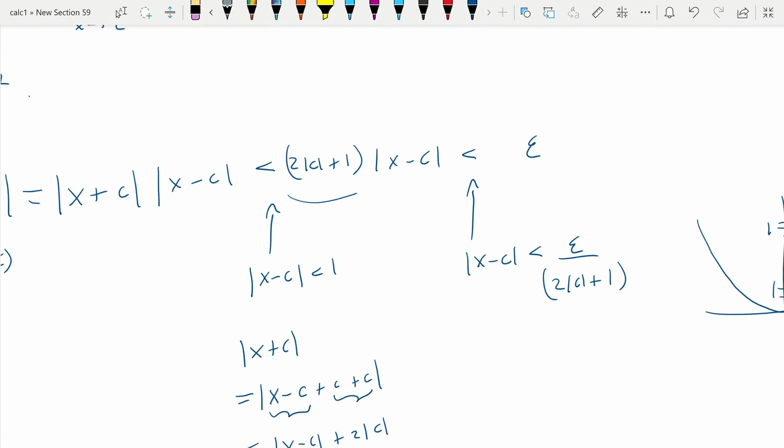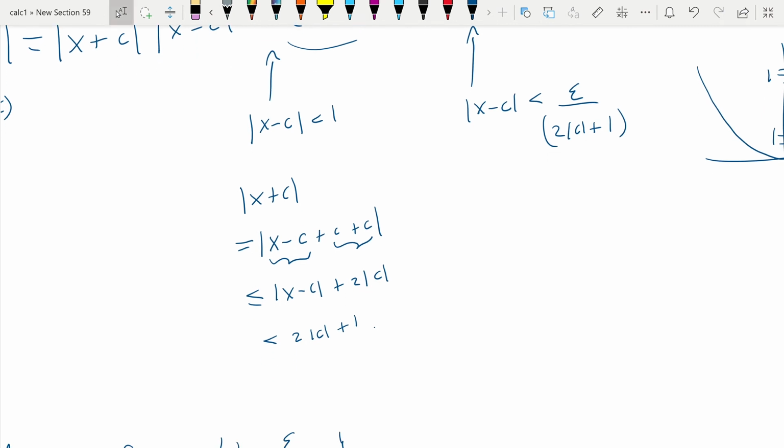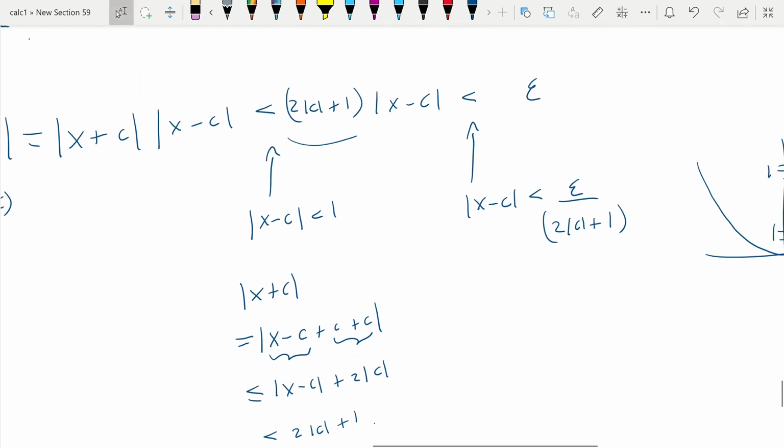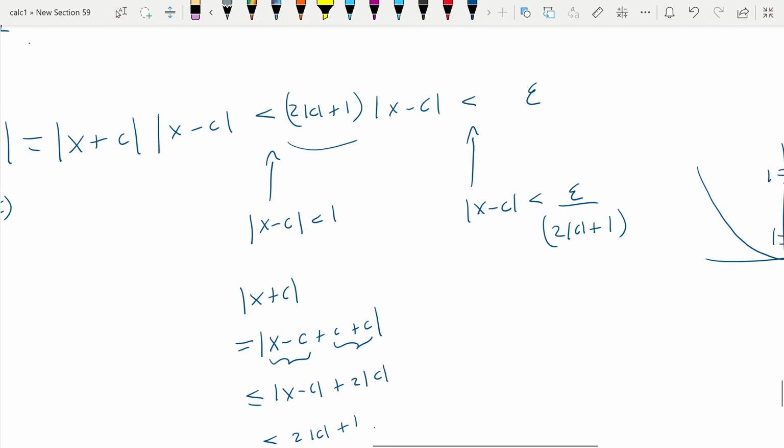But for the sake of being rigorous, if the given epsilon was very large, then 1 would be smaller than epsilon over 2 times the absolute value of c plus 1. But usually it's the other case.